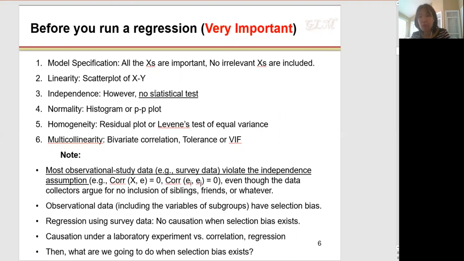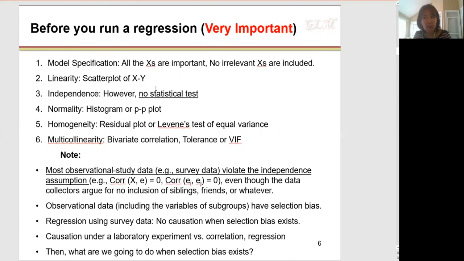Another independence assumption is related to the residual. IID assumption, do you remember that? e_i ~ N(0, σ²), IID.